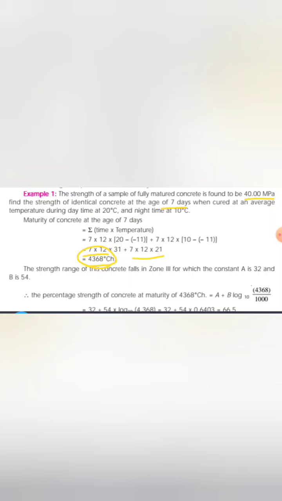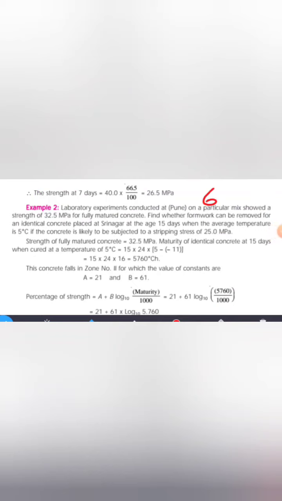Then how to calculate the strength using this? We do the calculation using Plowman's formula, where strength equals A plus B log 10 of maturity value divided by 1000. Using this, we get 66.5% of the strength achievement.